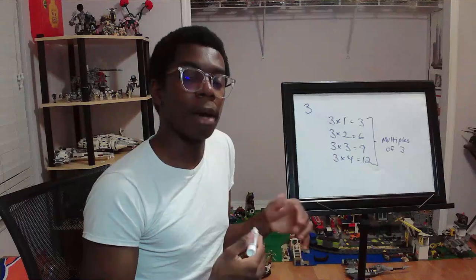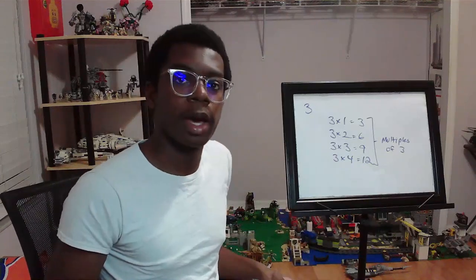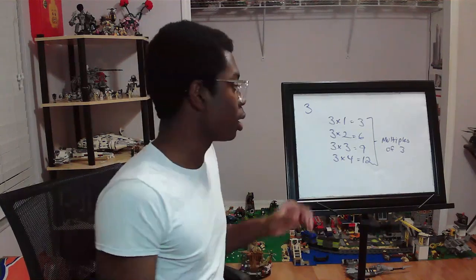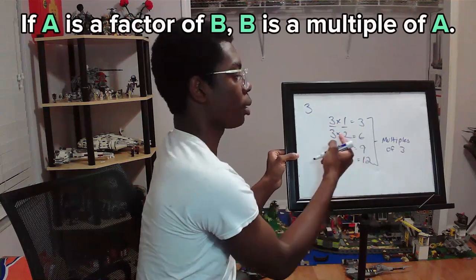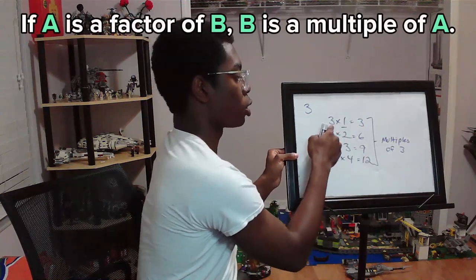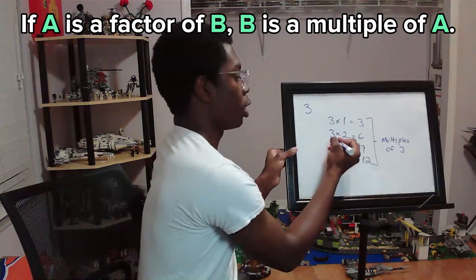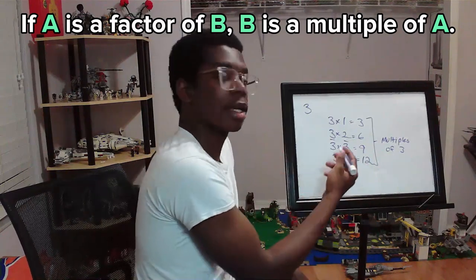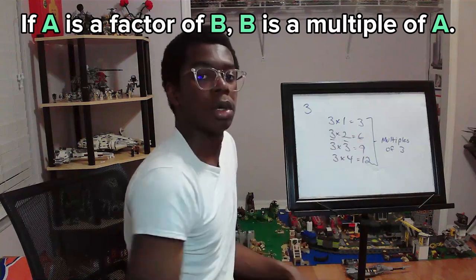It's kind of like an opposite idea to factors. I did a video about prime factors, and factoring is kind of like the opposite of that. So you take two factors of this number. If we have 6 for example, 3 and 2 are factors of 6, and 6 is a multiple of 3 and a multiple of 2.